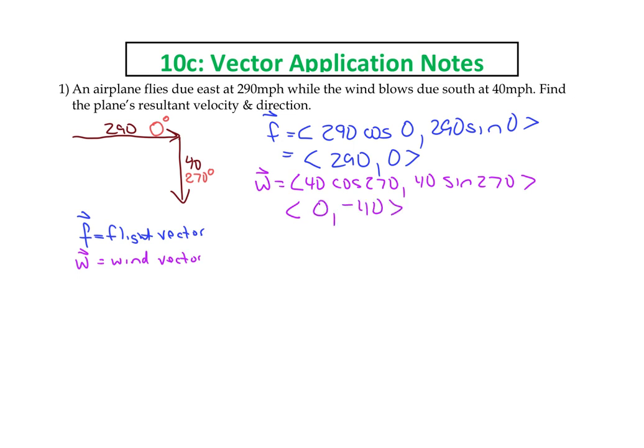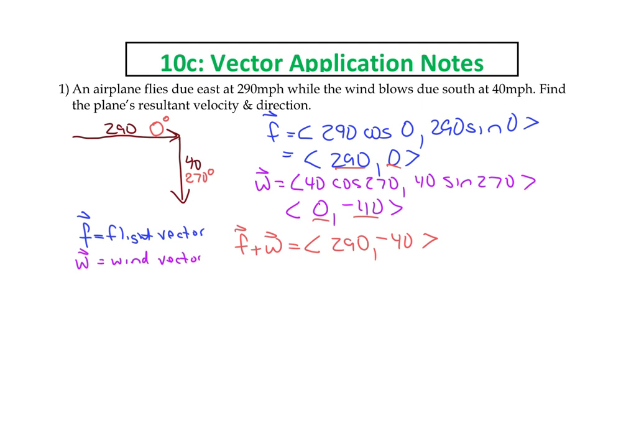Now that I have these, the first thing we want is to find the resultant components. That's taking the F vector and adding the wind vector. And that is going to just be 290 plus 0 and 0 plus negative 40. That gives us our resultant vector components.